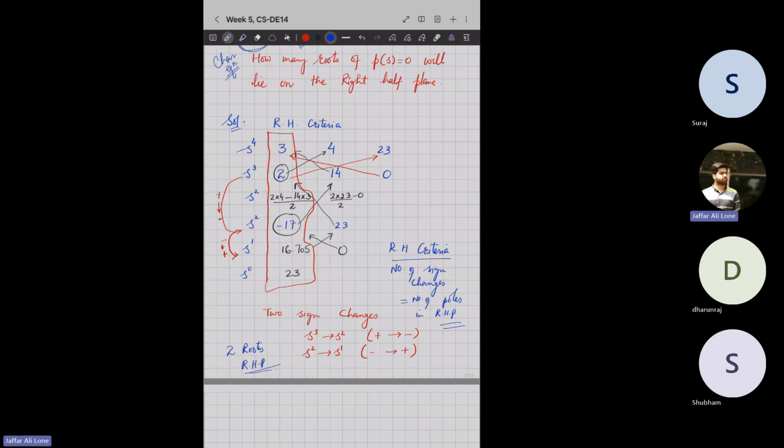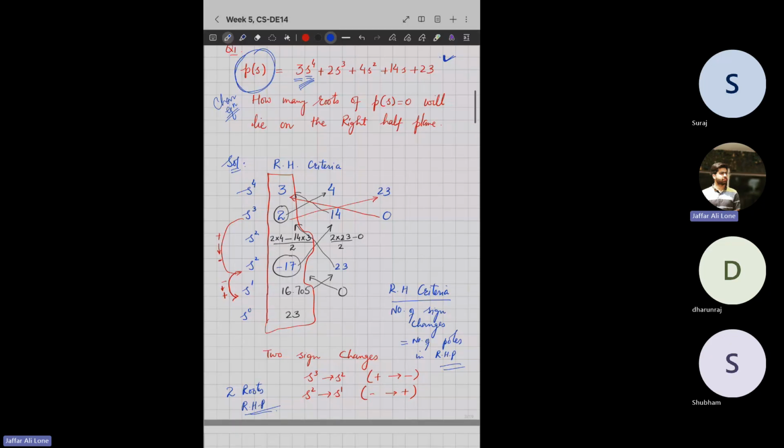Now, assume that this was the characteristic equation of a transfer function. Then the system would have been unstable, because there are two sign changes. It means there are two poles in the right half plane, and when any pole is in the right half plane, the system is unstable. Just remember, all the coefficients should be of the same sign for stability.